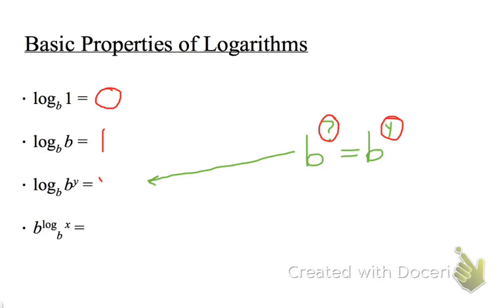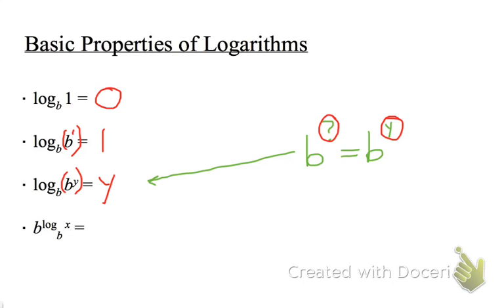So the answer here is y. And this basic property tells us if we're taking the logarithm of an exponential expression, where the base is the same as the logarithm's base, the answer is always the exponent. And we see that take place here if we think about this as b raised to the 1st power. The bases match, and the answer is the exponent.